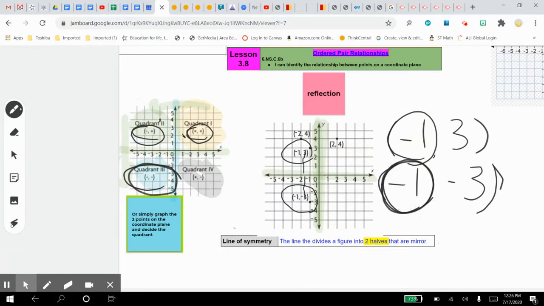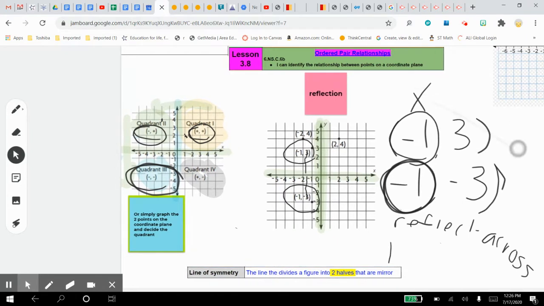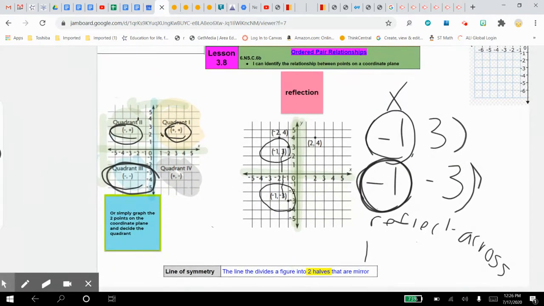When the x-coordinate is the same, that is the one that I'm reflecting across. So if the coordinate is the same, that is the one that you are reflecting across. Does this make sense?